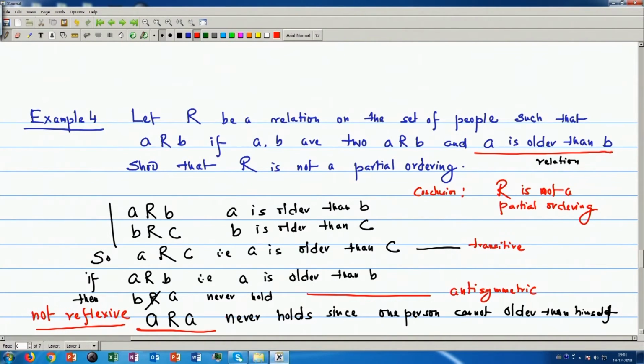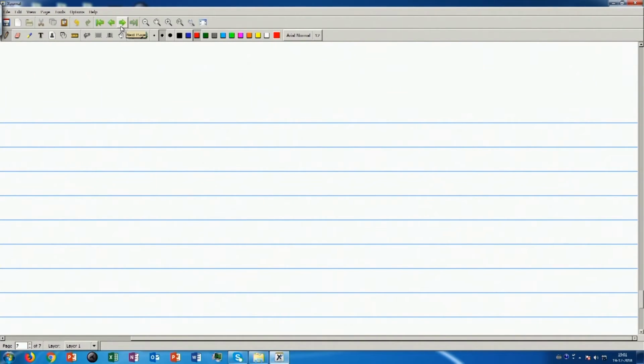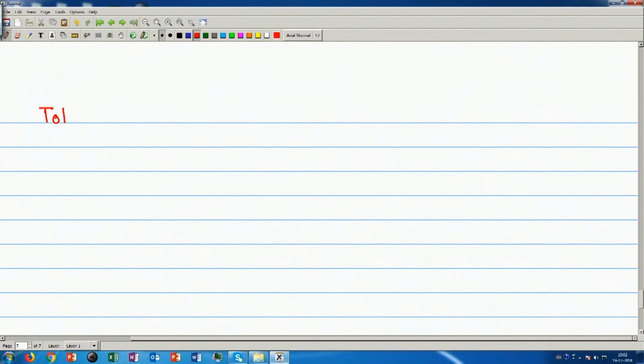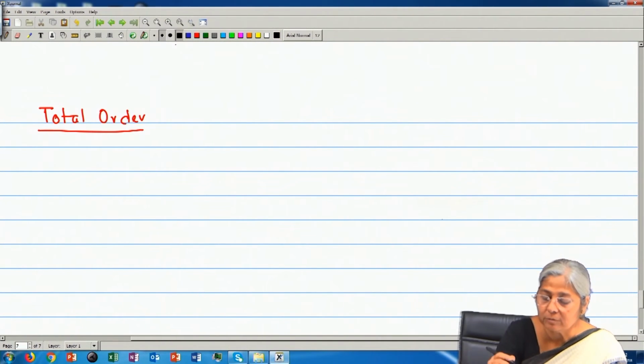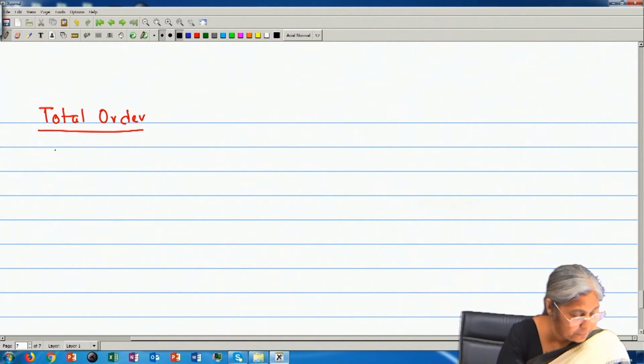Now, we can define in this relation one thing called the total order, because we read the term partial order. So, what is total order? For that we define a comparable or incomparable set.